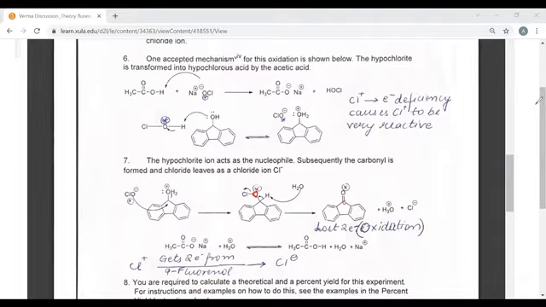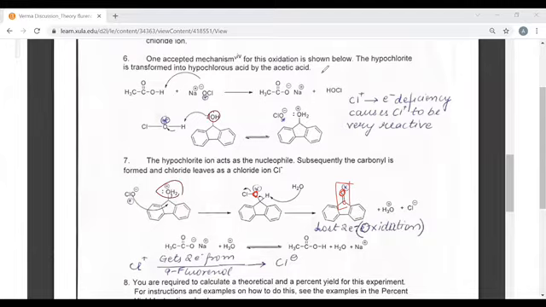Whatever happened to the original oxygen over here, it will be lost as a water molecule. So it is the bleach which is providing you with your new oxygen forming your ketone.